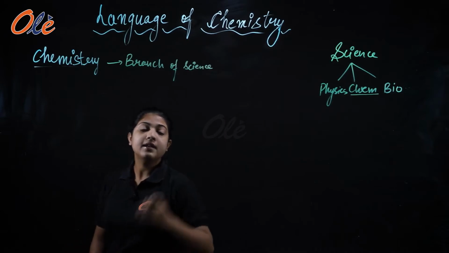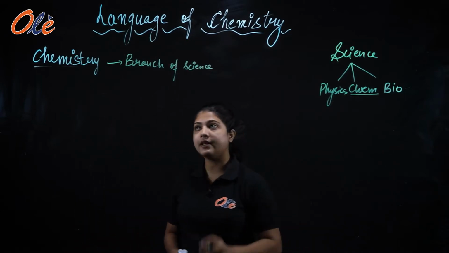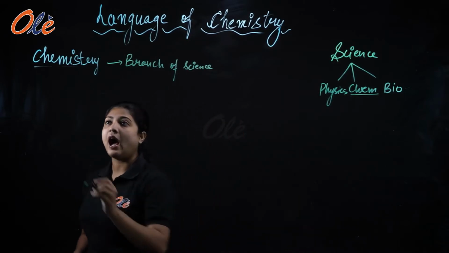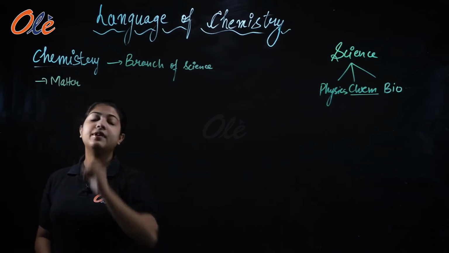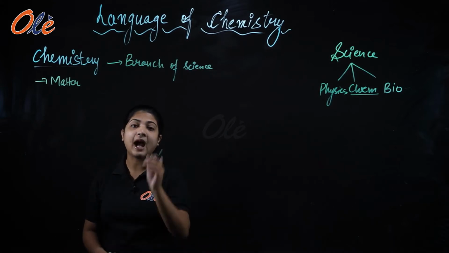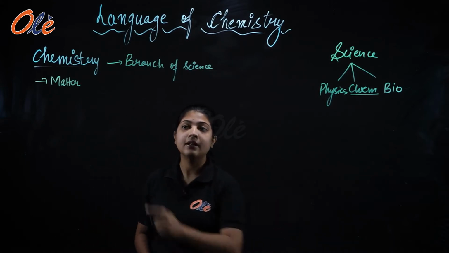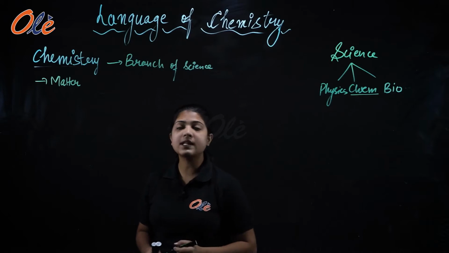And what do we study in this branch of science? We majorly study matter. In this universe, everything is made up of matter and we study about matter in chemistry. What do we study about matter?